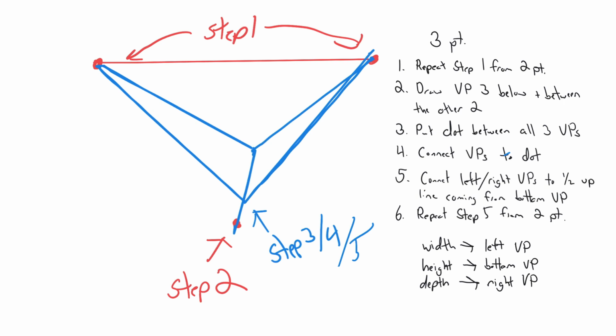Now, looking at our guidelines here on the bottom, we have our 3 basic guidelines. We have our width is left to right, or goes to the left vantage point. Our height comes from the bottom vantage point, and our depth is the right. We have our total area here. This is our front view. This is going to be our right view, but we don't have the top.